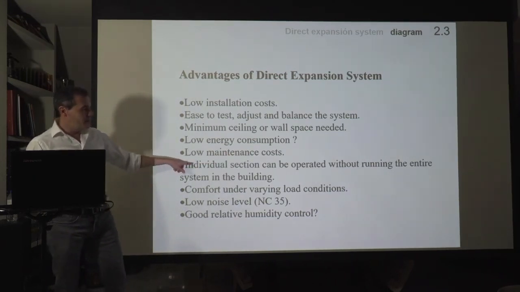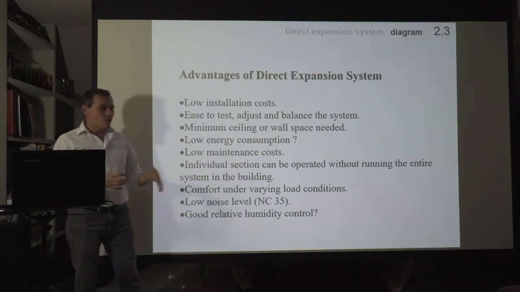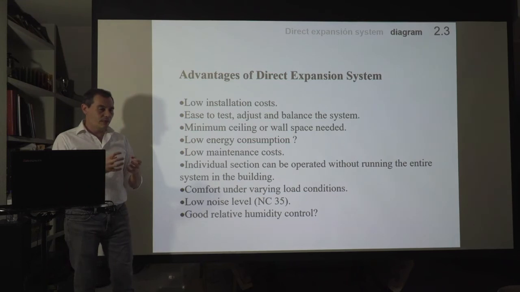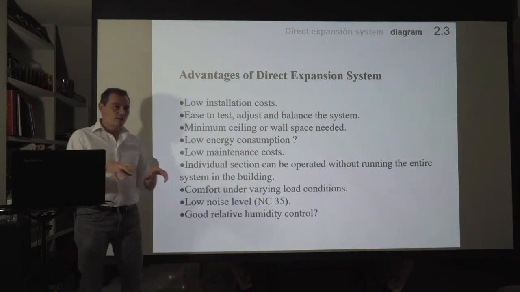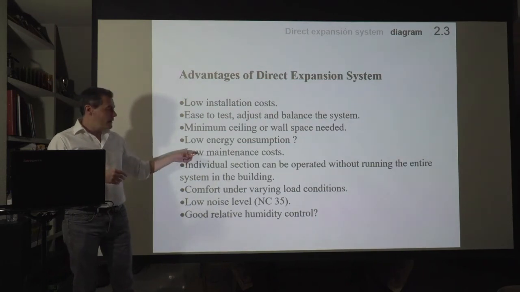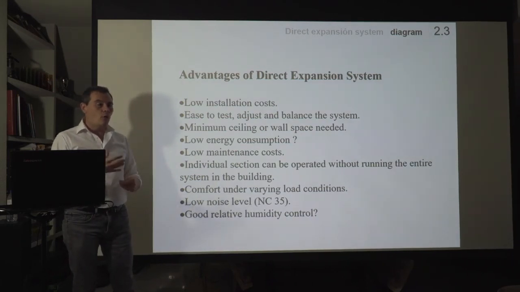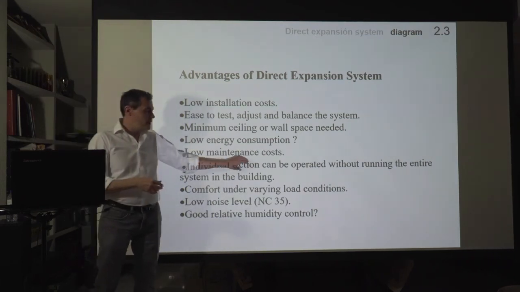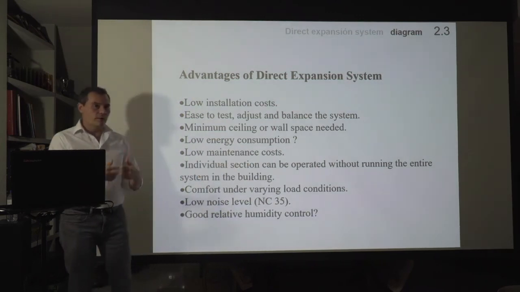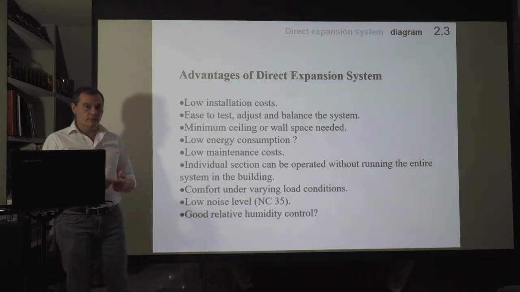And this is important, individual sections. If we have a large building with a lot of rooms, we can have control of each room. So that's another way to save energy. We are not running the system for the whole building if only half the building is occupied. So we can just select the number of rooms that we are running at the time.